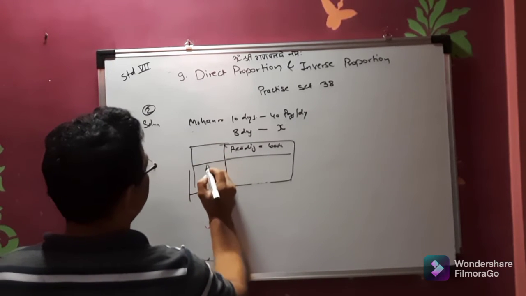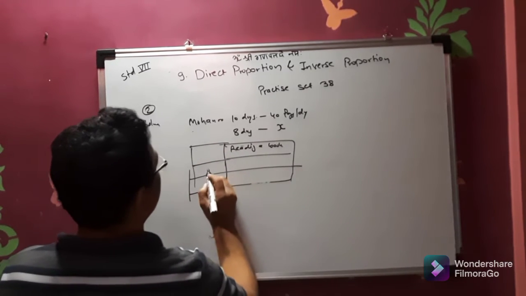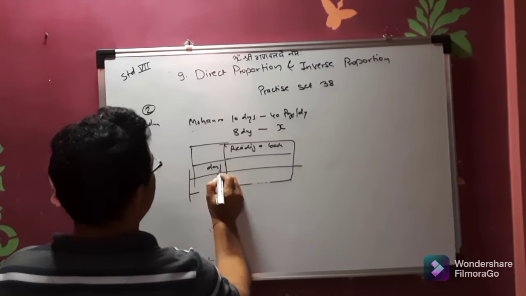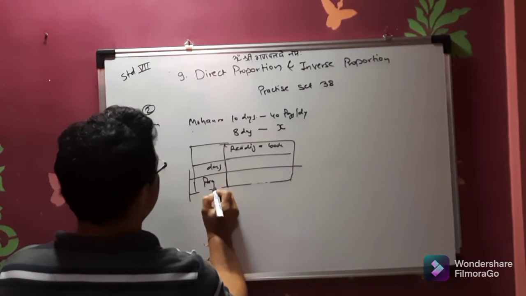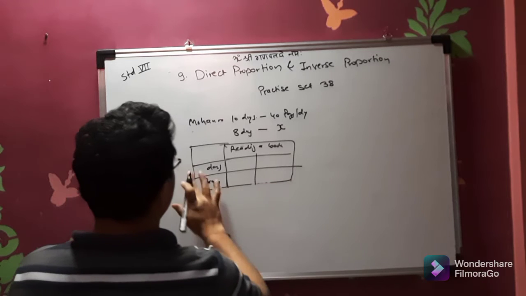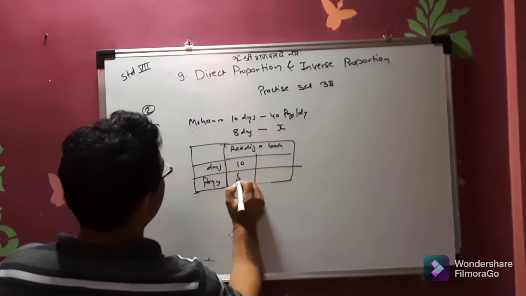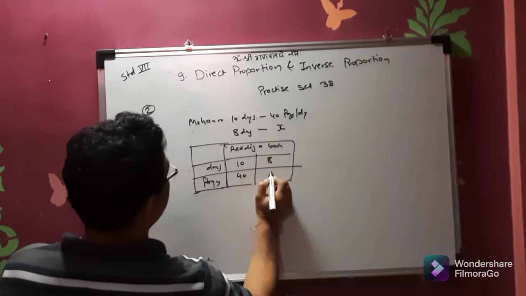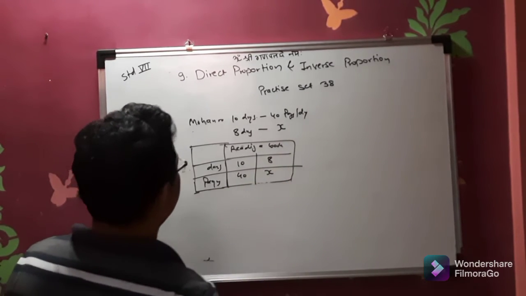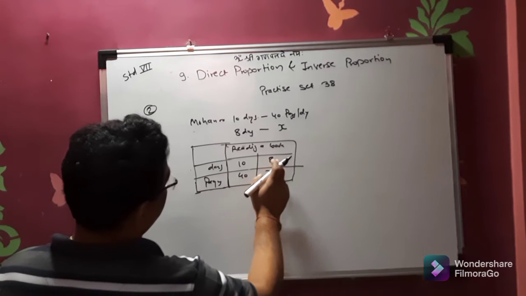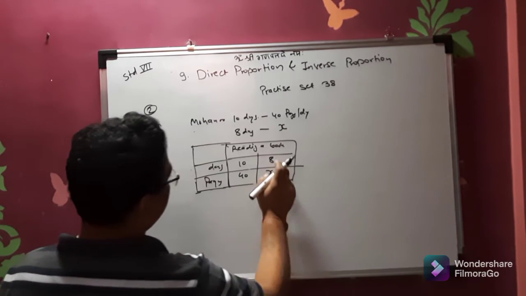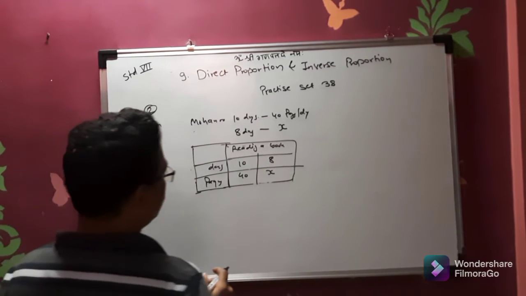We will write here days and pages. So how many days? In 10 days he completes at 40 pages per day. In 8 days, how many pages? So how much should he read per day for completing the book in 8 days?